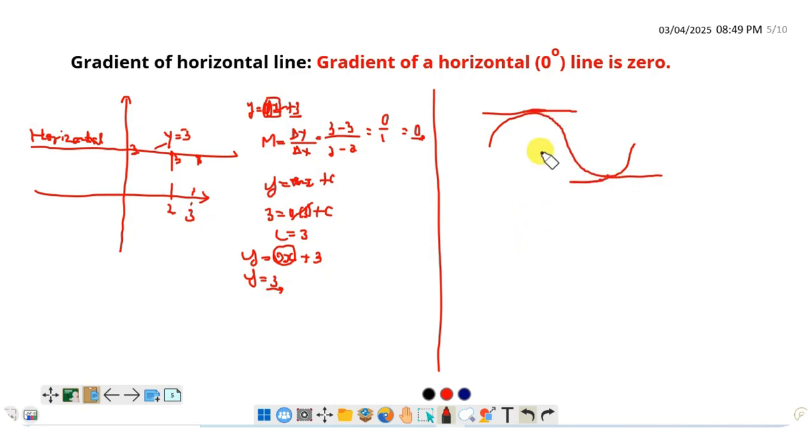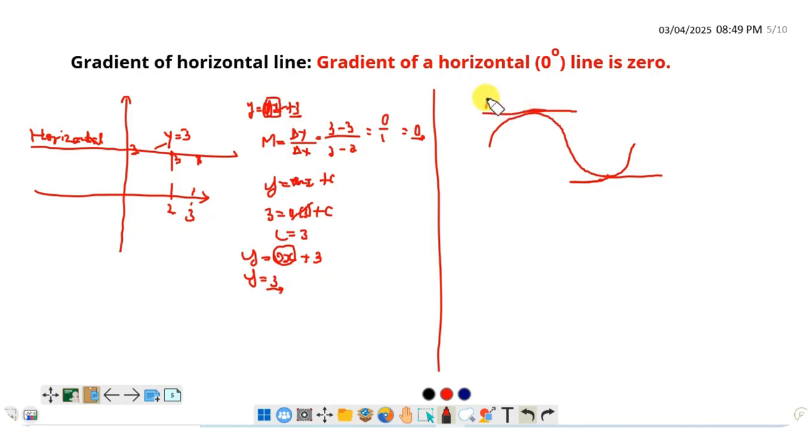It's a tangent line. Now at a turning point, the tangent line is horizontal. See, horizontal. So if you have a graph and you want the turning point, the tangent line on the graph at the turning point is horizontal, right?